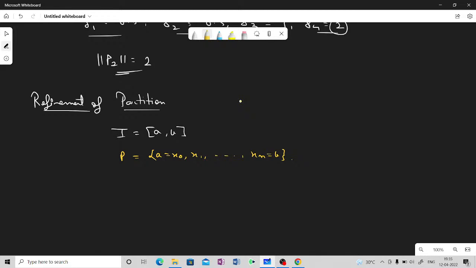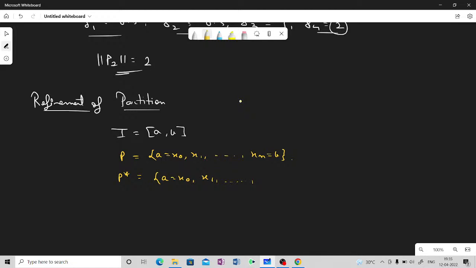Now you take one more partition P star such that it contains all the points which P has, but some more points other than the elements in P.